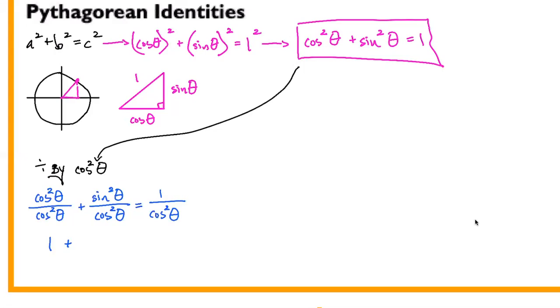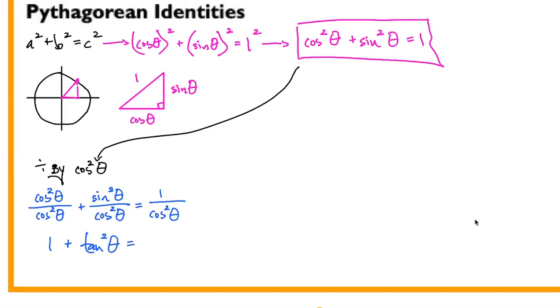That gives me tangent, and then I have to square it. That's why sine squared divided by cosine squared gives me tangent squared theta. Okay. And then, David, I'm sorry, what did you say for the third term? I forgot already. Secant squared. Secant squared, excellent. And how did you get that?